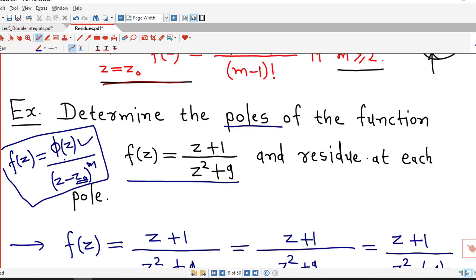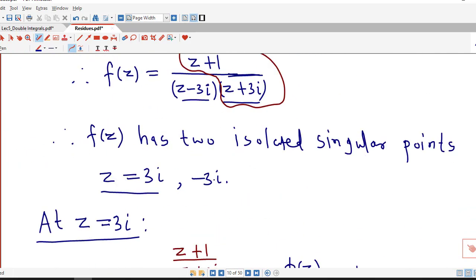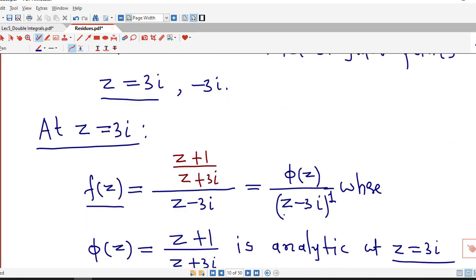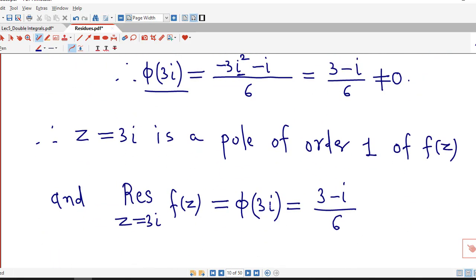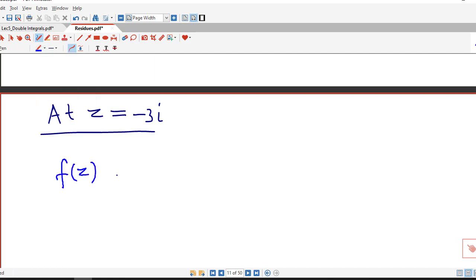Now we have to decide the residue at the other point, z equal to minus 3i. For this point we have to write our function f of z in this form.